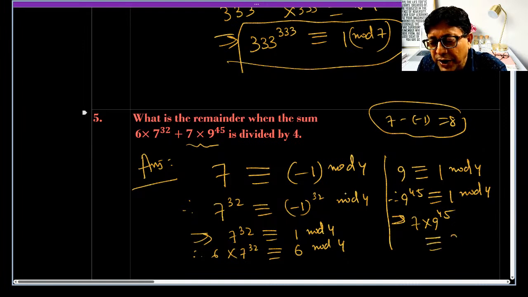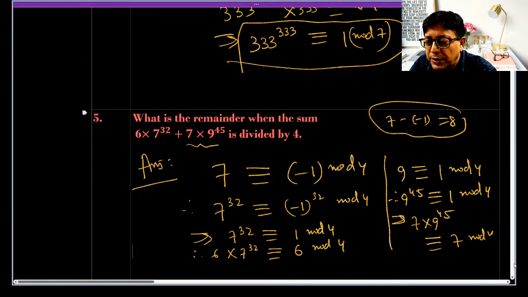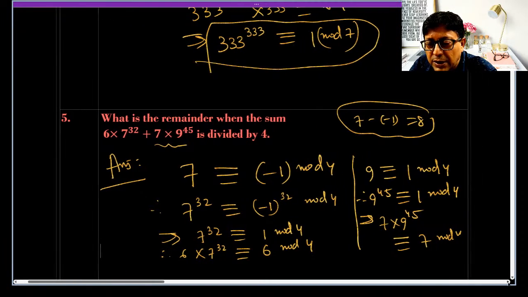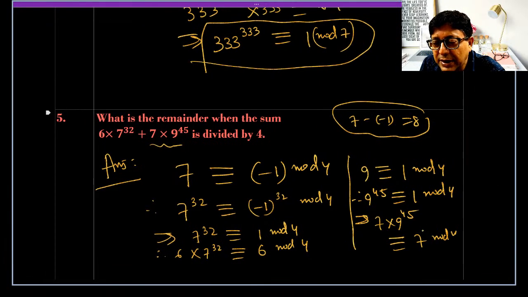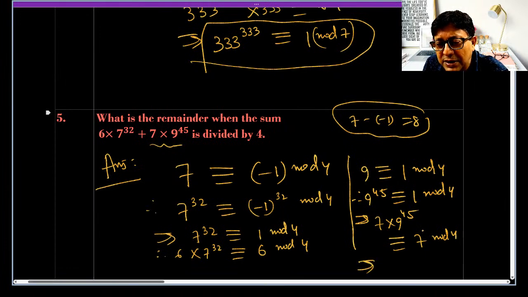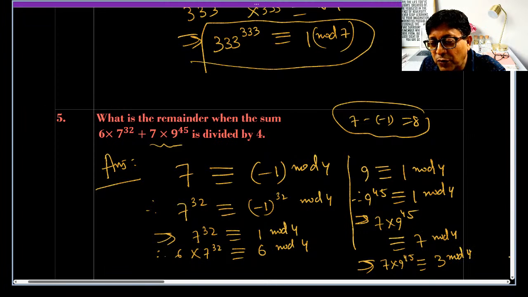This will be congruent with 7 mod 4, isn't it? The same thing can be written as 3 mod 4, because you can divide 7 by 4 once and 3 is the remainder. And this is number 2.